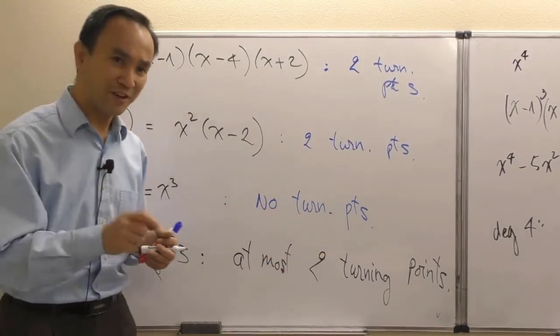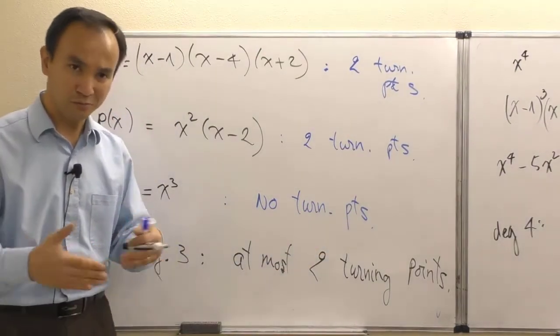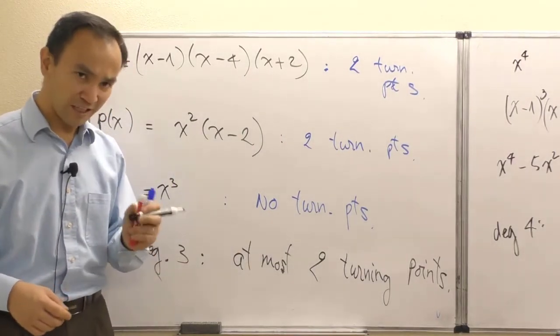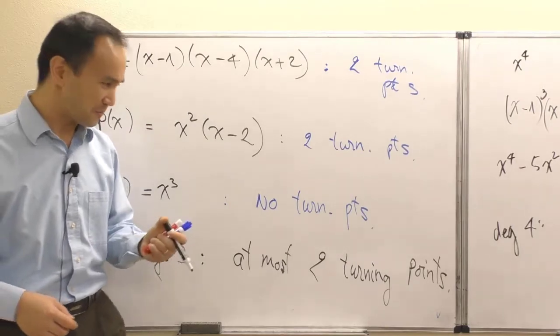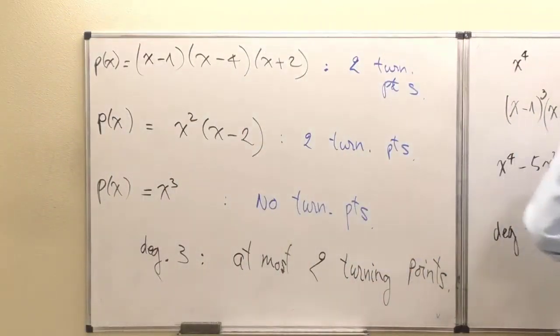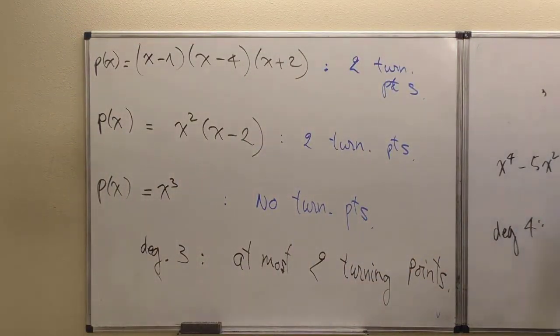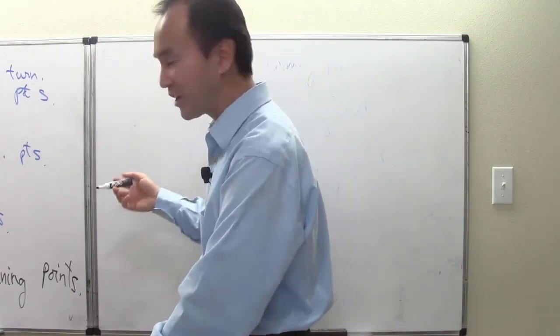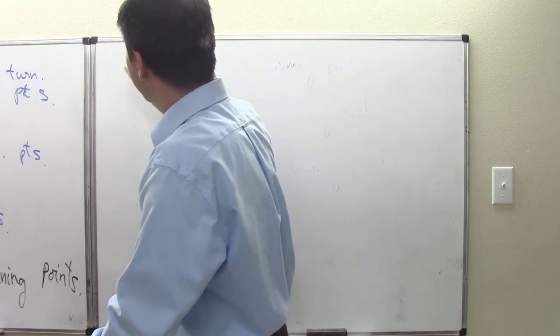So now, having investigated 2 different degrees on quite a few polynomials, we can start drawing out a general conclusion. All right, so that general observation is about to be given here.